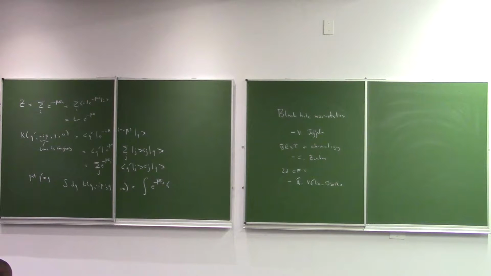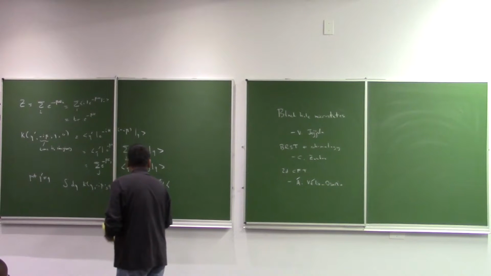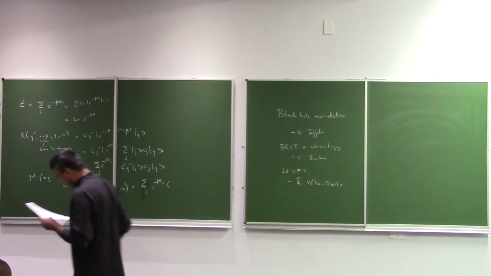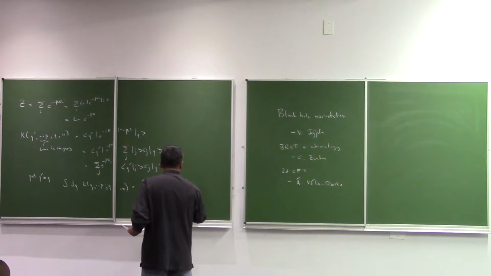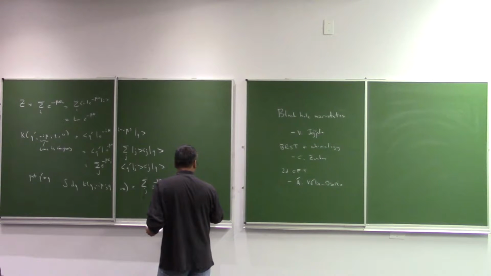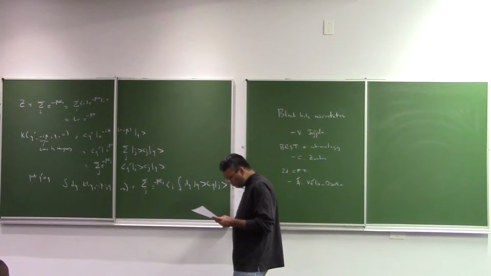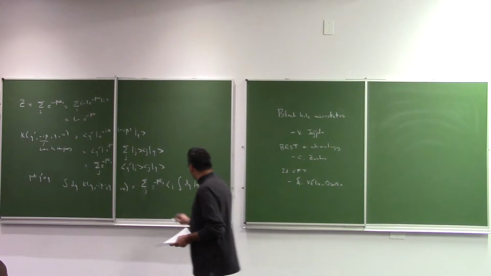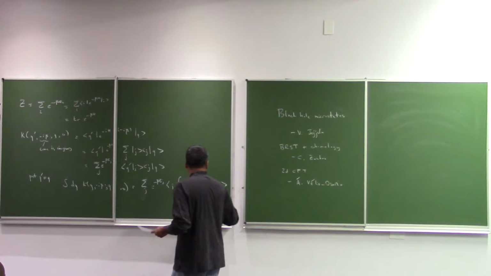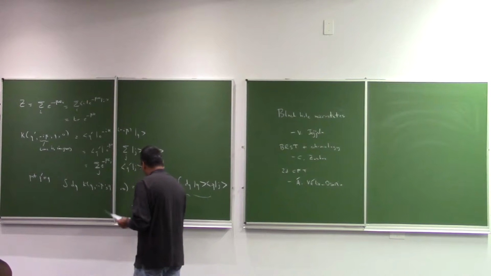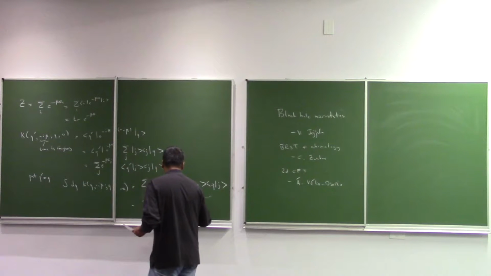Actually, let me put things in a slightly different order, with the sum on j of e to the minus beta E_j, times the integral dq <q|j><j|q>. Okay? But this is also 1. So this just equals the sum on j of e to the minus beta E_j, which equals the partition function Z.